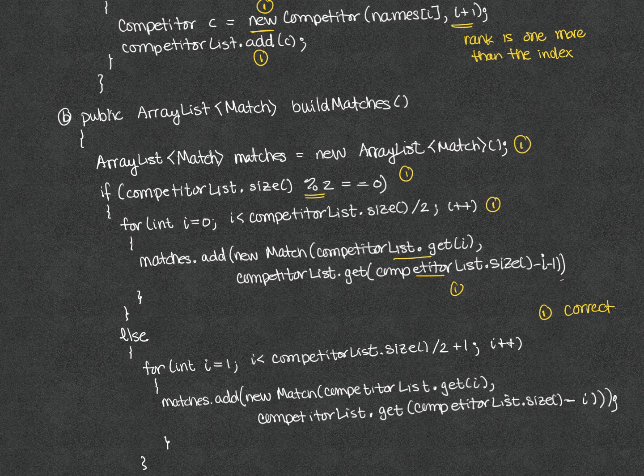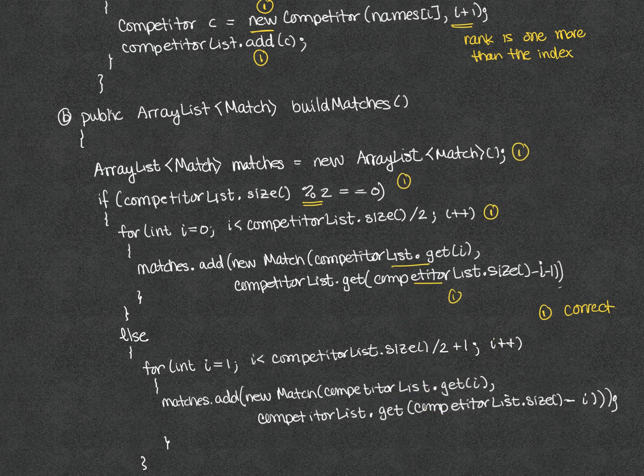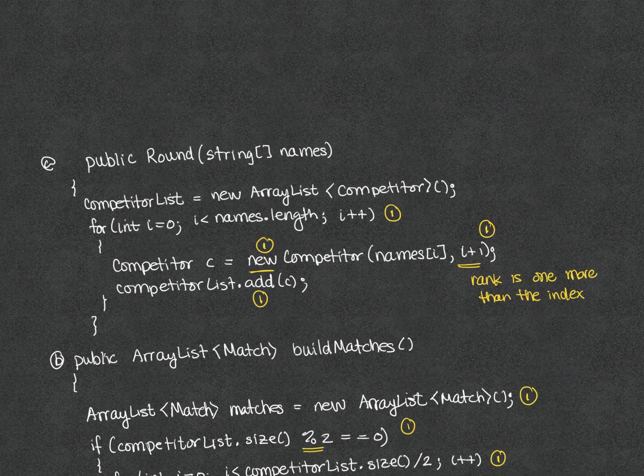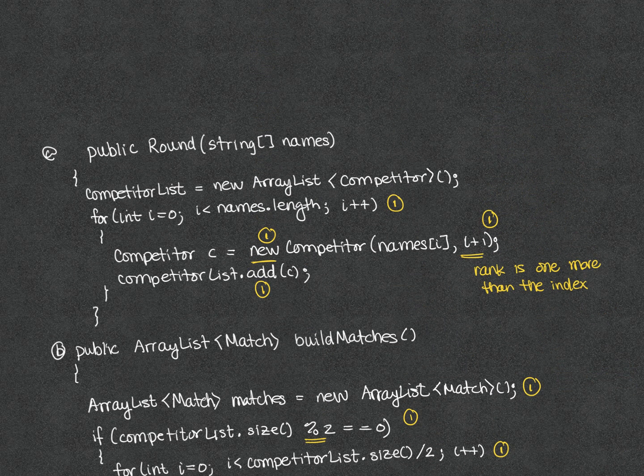So looking here, there we go. So here we have public round. We have our competitor list. They had already set it equal to a new array list of competitors.